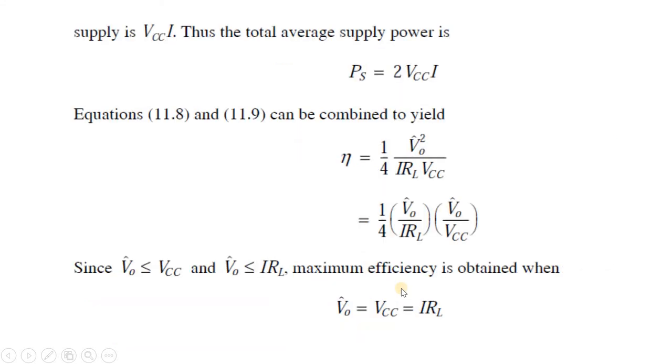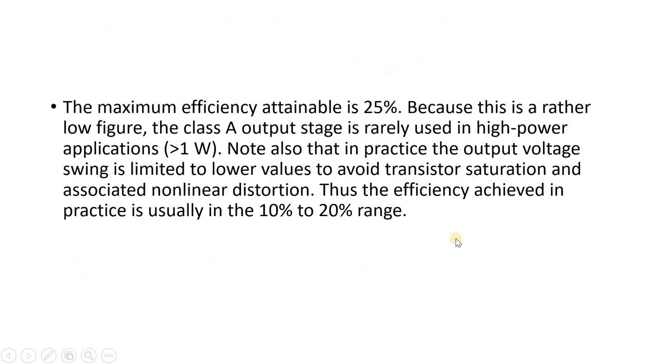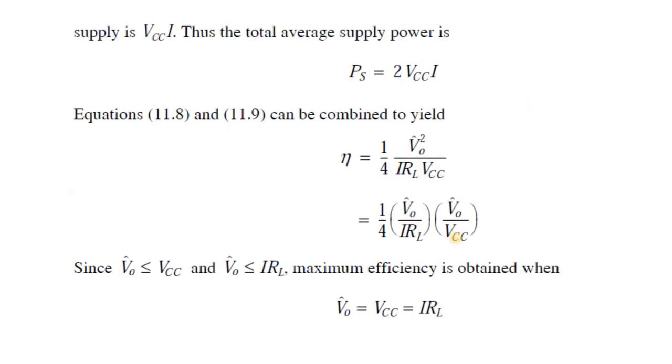Next you calculate the supply power. Supply power is 2 into VCC into I. Substituting these two into the efficiency equation, you obtain efficiency as 1 by 4 into V naught square divided by I RL into VCC.